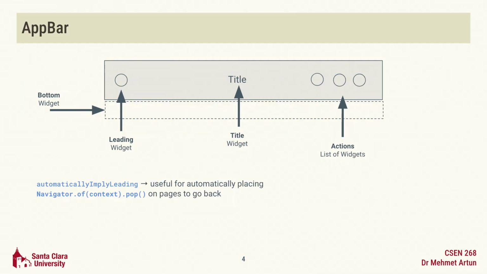And here you can have something else if you want, or you can have 2 or 3 or 1, whatever it is, but this needs a list of widgets. And these widgets, typically, will be icon buttons. Then you have the title widget, and you have a leading widget. Okay, the leading widget is the leftmost widget.